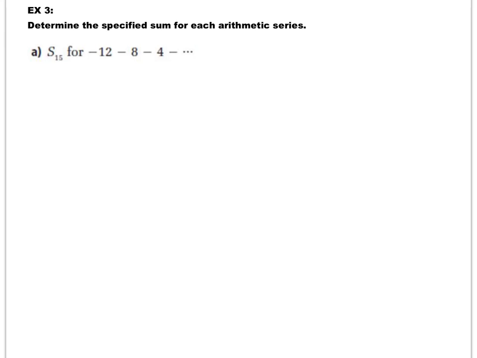For this case, we know that a is -12, n is 15, and d is any term if we subtract the previous term. -8 minus -12 is -8 plus 12, which is 4.